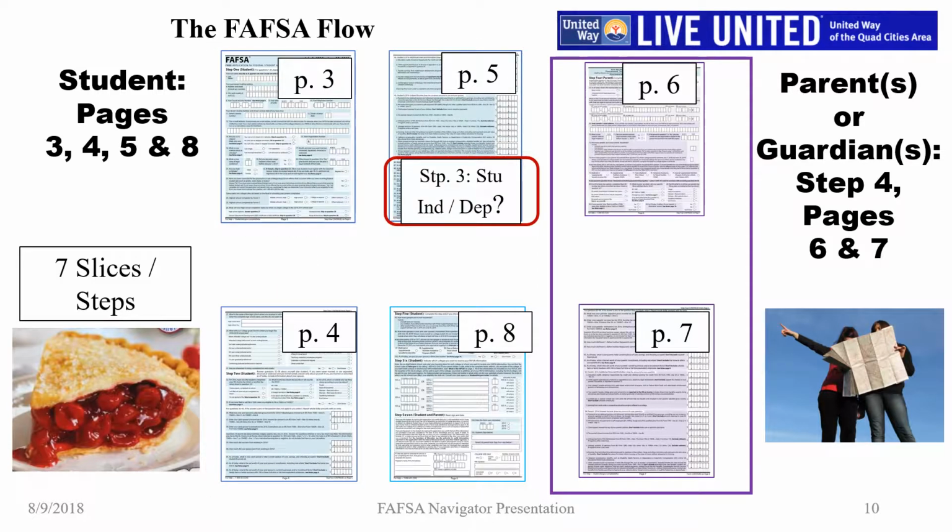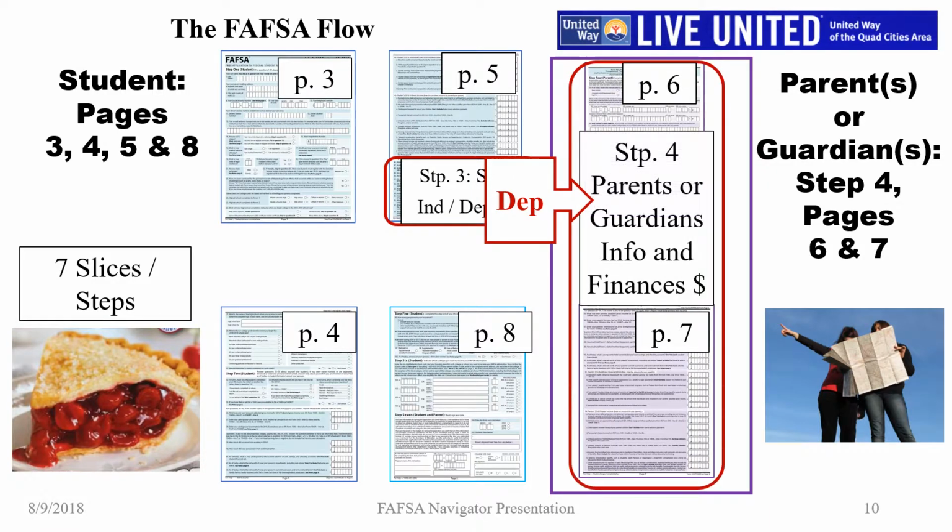Step 3 is the lower part of page 5. There are 13 questions to determine the dependency status of the student. If the student answers no to all of the 13 questions, then they are considered dependent on parents or guardians.